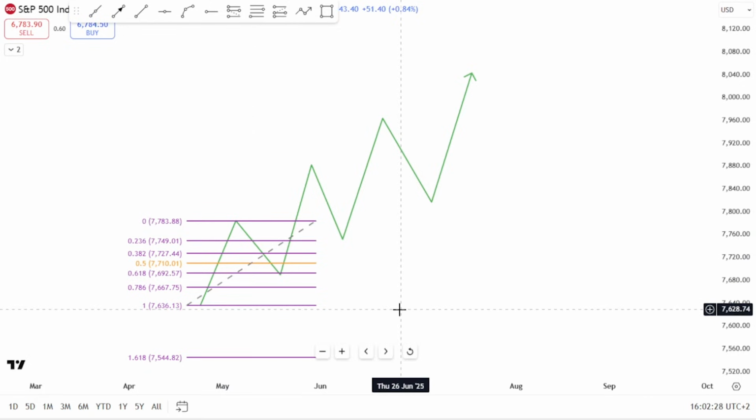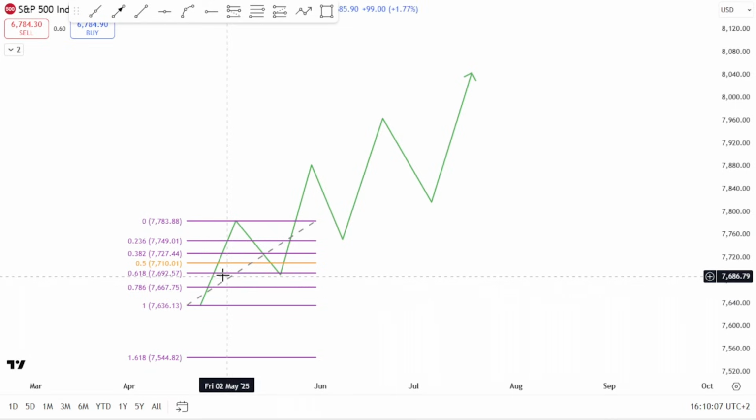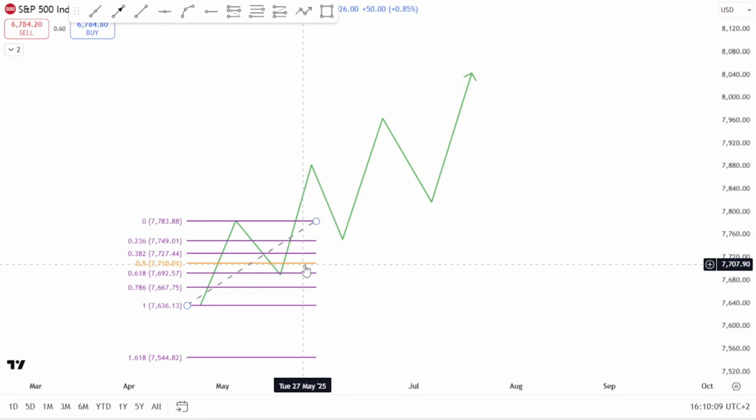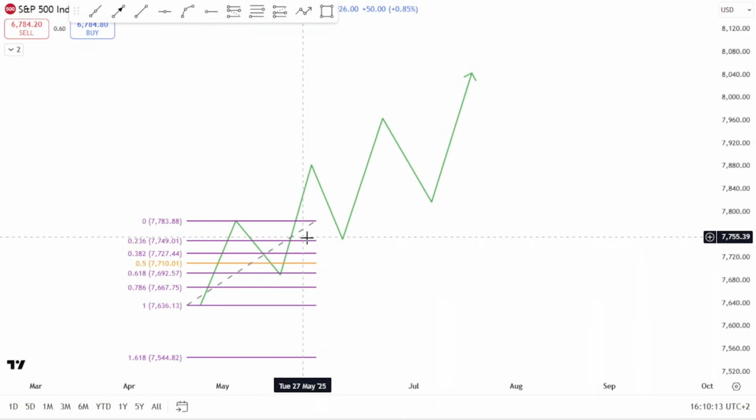Now, just be aware that there are no guarantees in the market. What we are talking about are very likely outcomes. Now, if we go ahead and recap real quick, we know that below the 0.5 retracement level, we've got the discount zone, and above, we've got the premium zone.